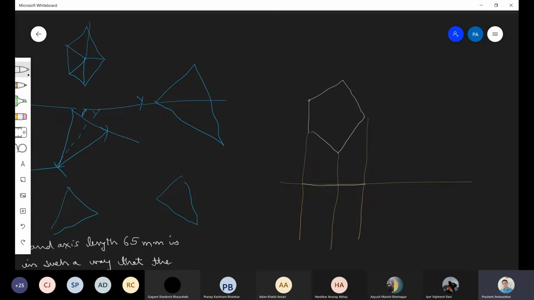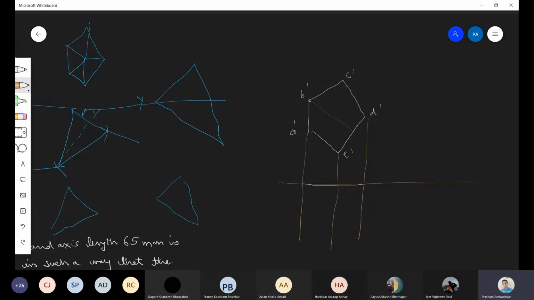Now, how to obtain the apex? So I told you that if I name this A dash, B dash, C dash, D dash and E dash, from this consider any point A, B, C, D, E. Suppose I consider this point B, then which is the edge opposite to B, this is the edge. So draw a line perpendicular like this.